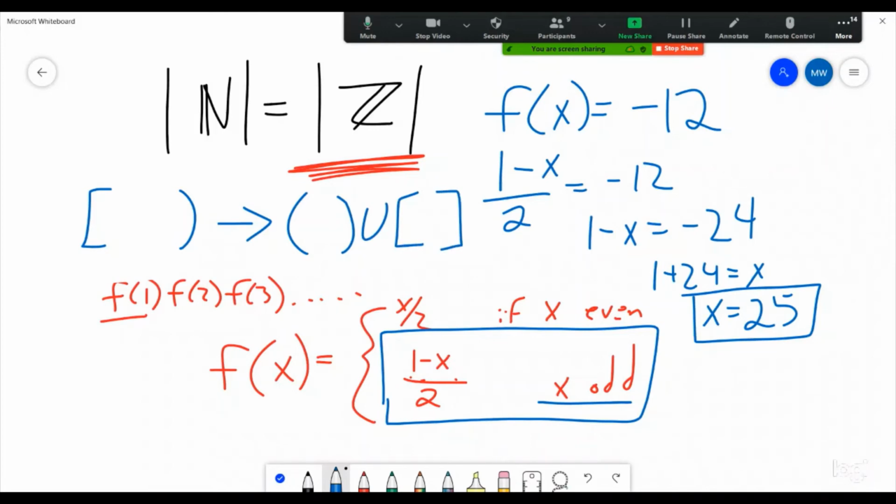That would be a situation where I would want to use the Schroder-Bernstein theorem to deal with these messy sets. Whenever the sets are fairly messy, it's often easier to use the Schroder-Bernstein theorem. But when you're dealing with sets like the natural numbers and the integers, it's often not too bad to find a bijection. However, you are always able to use the Schroder-Bernstein theorem.